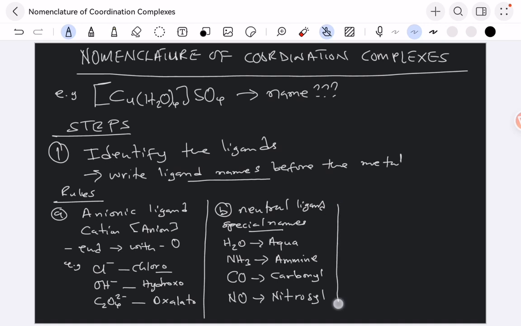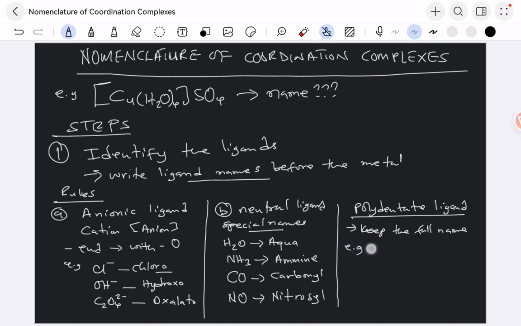Then, under the same, we can have a polydentate ligand, a ligand with more than 2 donor atoms. So usually here they keep the full name, nothing changes.